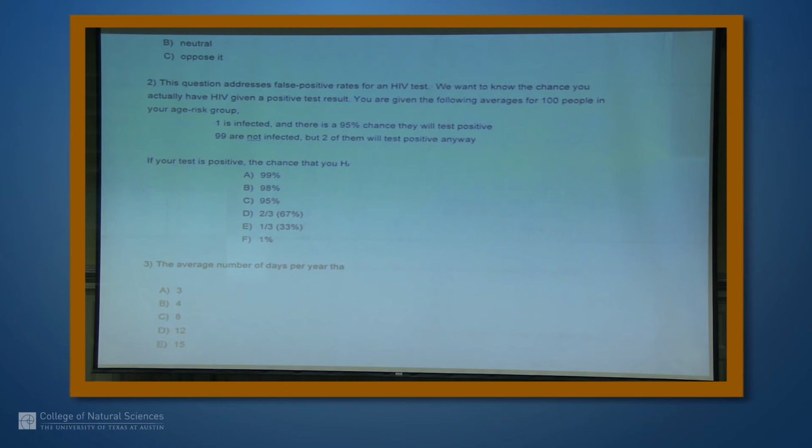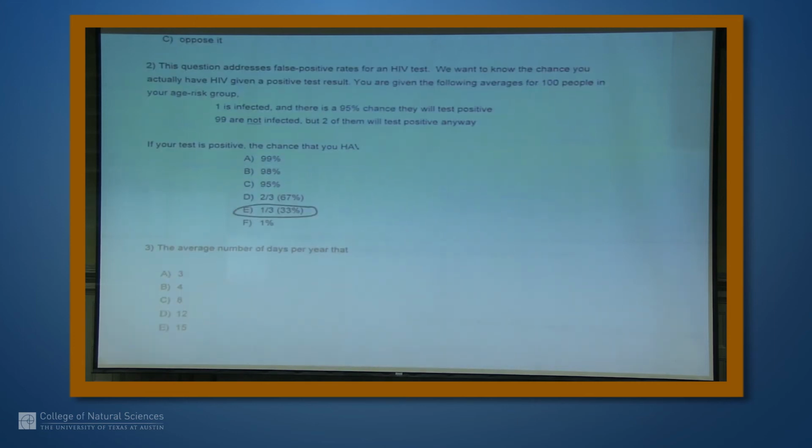So now you're asking the question, well, out of 100 people, what fraction of the time does a positive result really mean they're infected? It turns into 1/3. They're exactly the same data, but one is vastly easier to mentally keep track of than the other one.